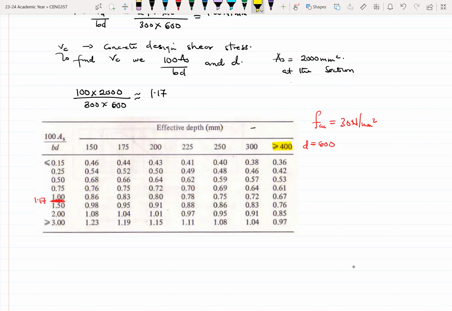So once we have that, it means that we'll deal with this zone right here. We'll deal with 0.67 and 0.78. All right. So we use an interpolation approach to find our answer. Okay.